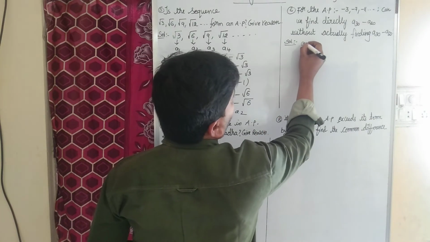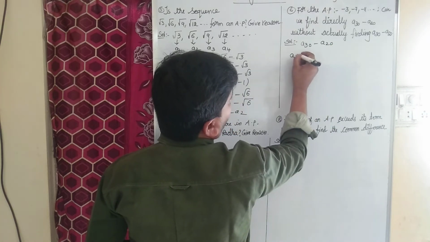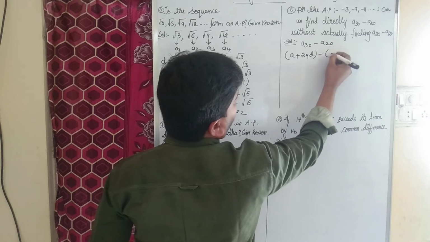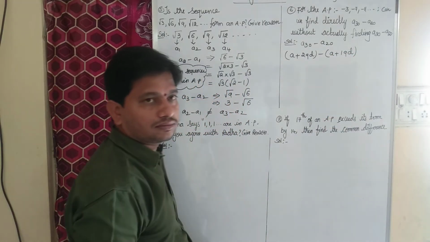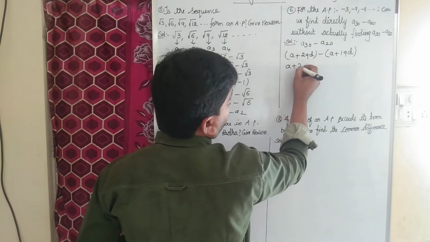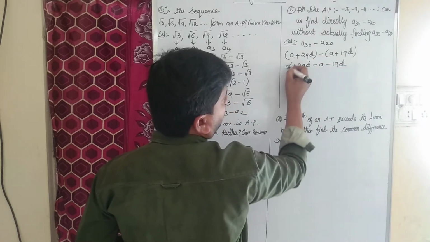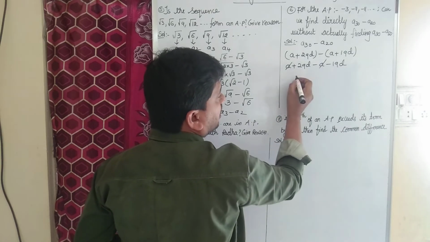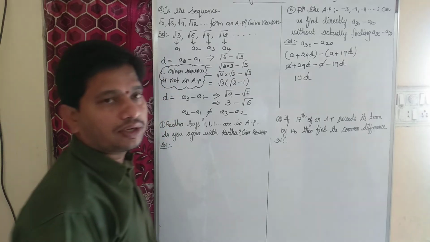Children, we know that A30 is A plus 29D, minus A20 which is A plus 19D. Yes or no? Now let us open the bracket. A plus 29D minus A minus 19D. A minus A gets cancelled. 29D minus 19D, which is equal to 10D.